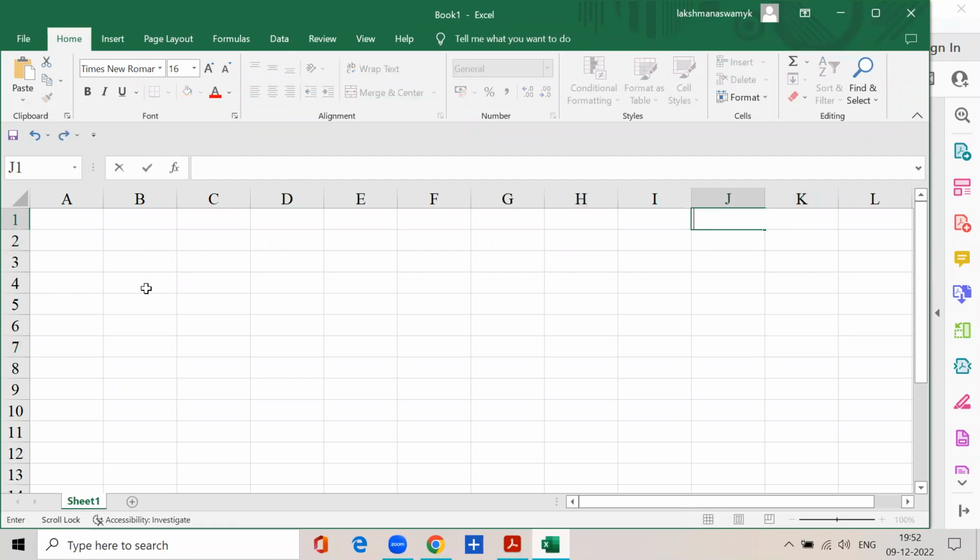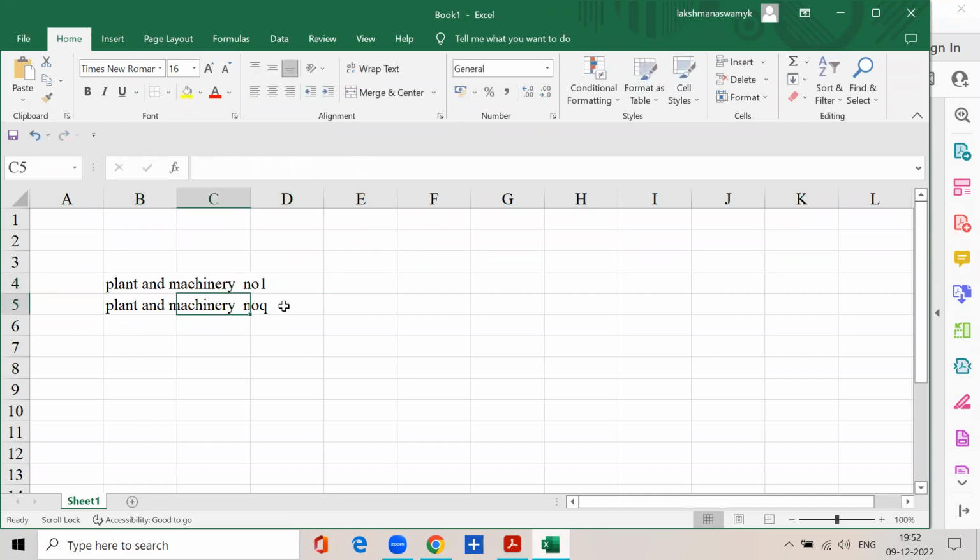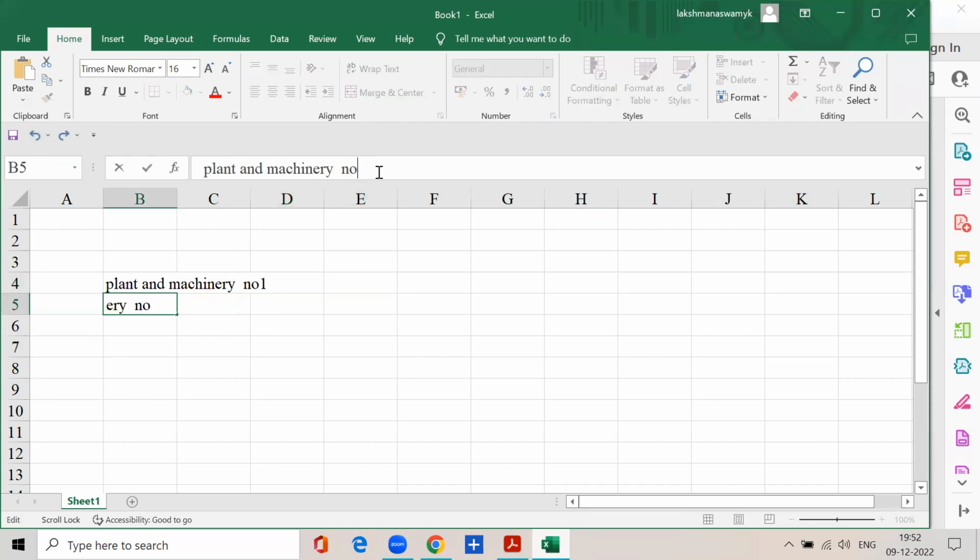See, we have plant and machinery number one, then plant and machinery number two, then plant and machinery number three, plant and machinery number four.